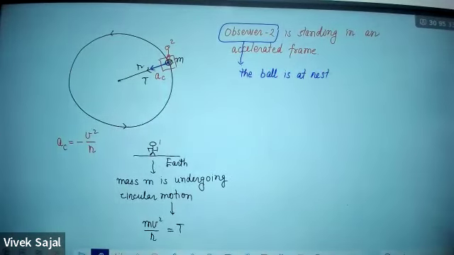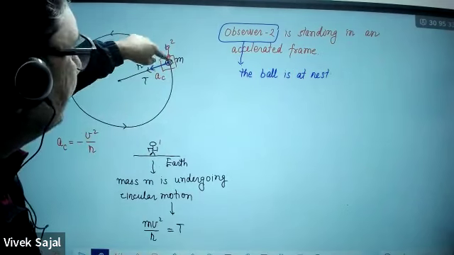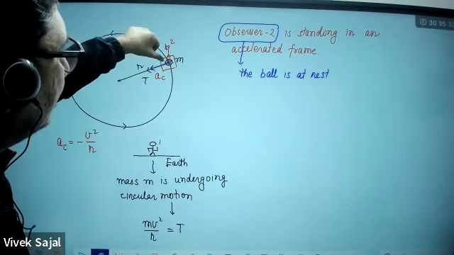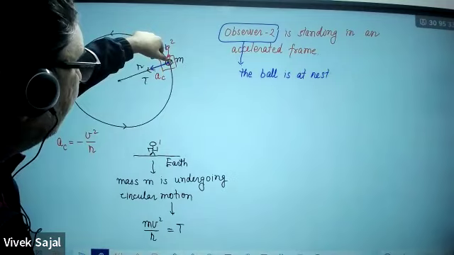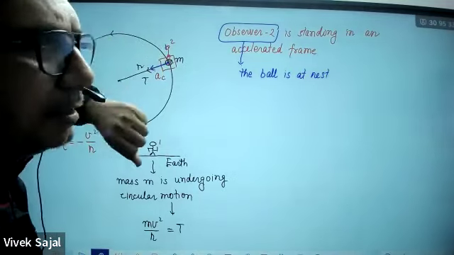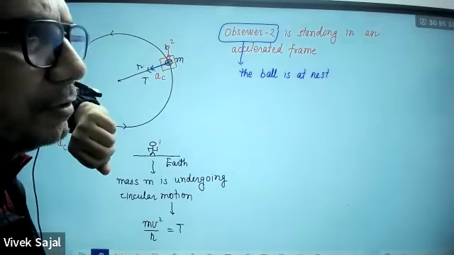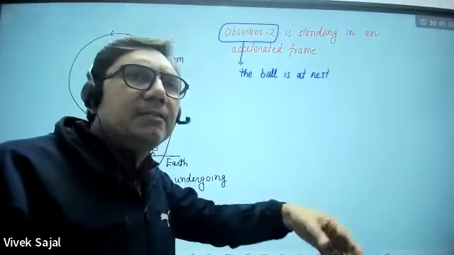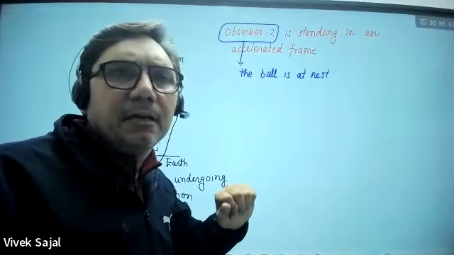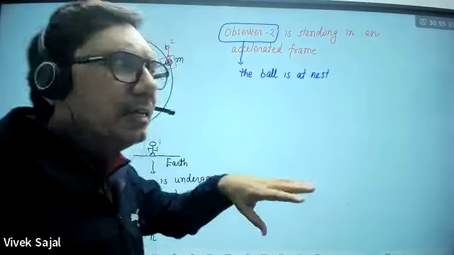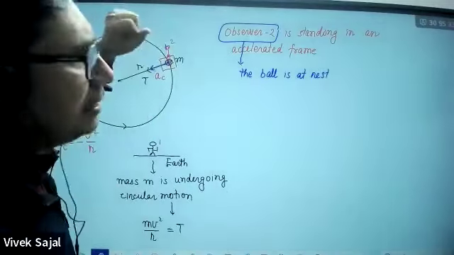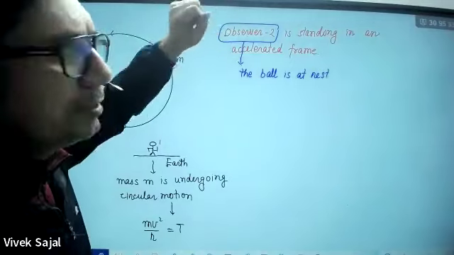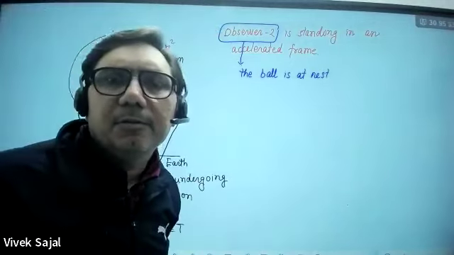Try to understand. In this frame, what he is observing is that tension is acting inward. This is a real force, but even in the presence of this tension, the ball is at rest from the point of view of this observer.